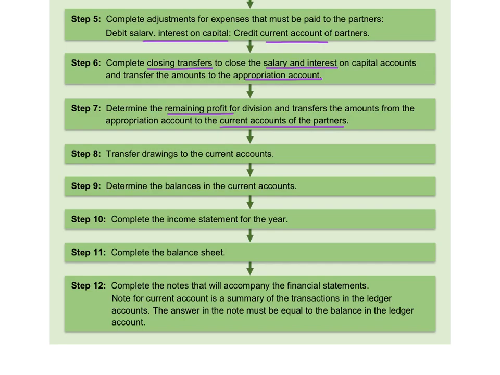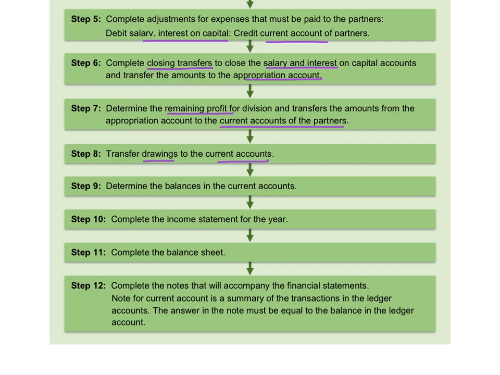Then we divide it according to the profit sharing ratio, and we transfer it to the current account of the partners. So on the credit side of the current account, we show all the amounts that is owed to the partners. Then we will transfer the drawings to the debit side of the current account. That means we say they've already taken some of the money that they're entitled to.